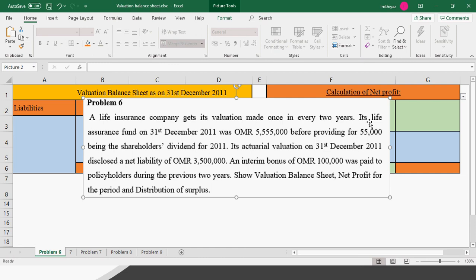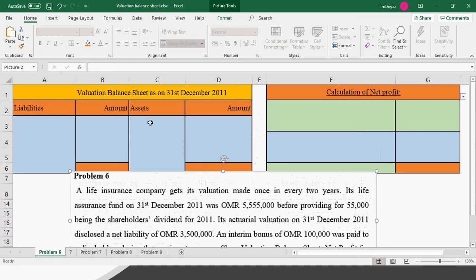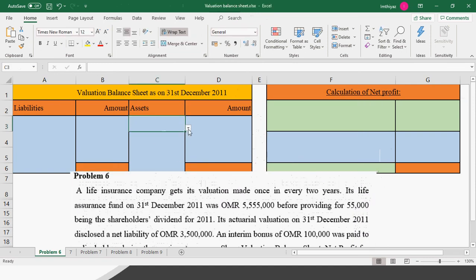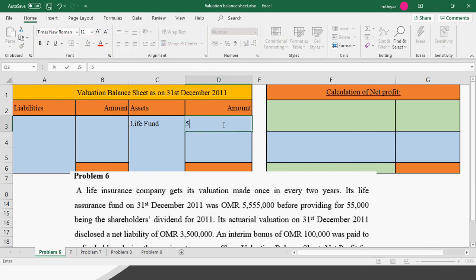First, it's life assurance fund. As you can see, I'm moving the arrow. It is 5,555,000. So life assurance fund, this is the closing, will always come in assets. So we need to enter the amount 5,555,000 as given in the question.